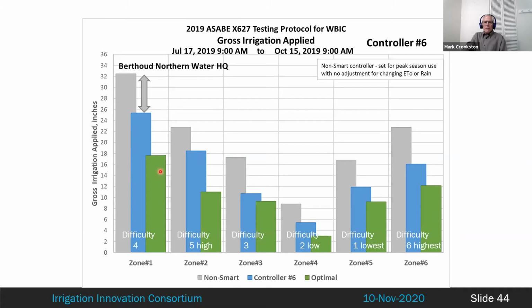So you can see that there's room for improvement, both from going from a non-smart controller to a smart controller that performs well, and then going down even further if we change the landscape. Zone number 4 was the native shrubs, which have a very low water requirement.